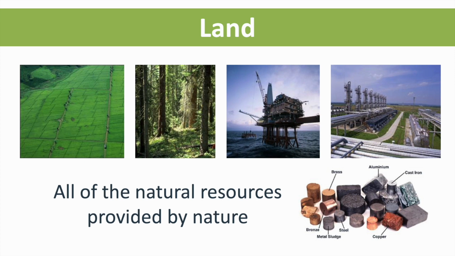Steel is already a product of other materials, but let's say copper, brass, aluminum. We are all extracting these from nature. And we also need space. That would also fall under land.